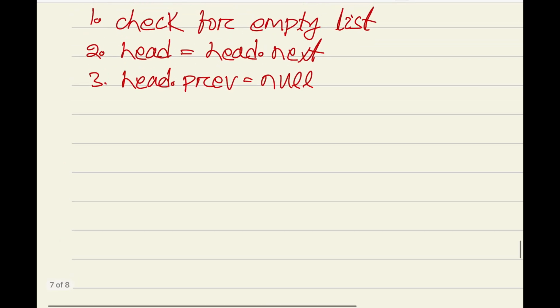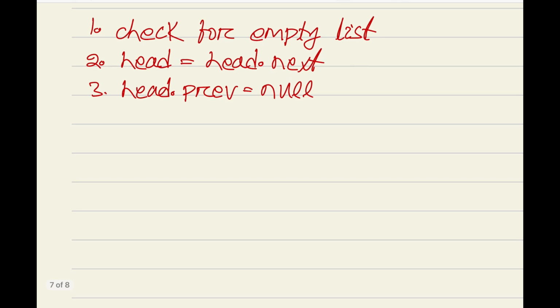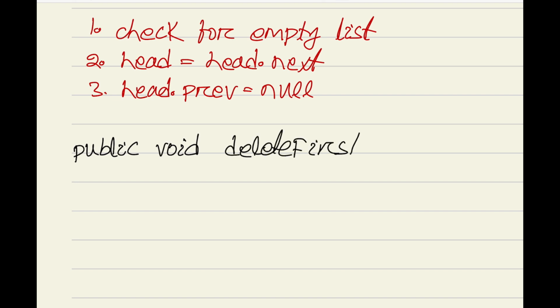So, if we write the method for this, we can write like this one. public void, and assume the name of the method is deleteFirst, and here no parameter is required, we want to delete the first node. So, for check empty list we can write an if condition.